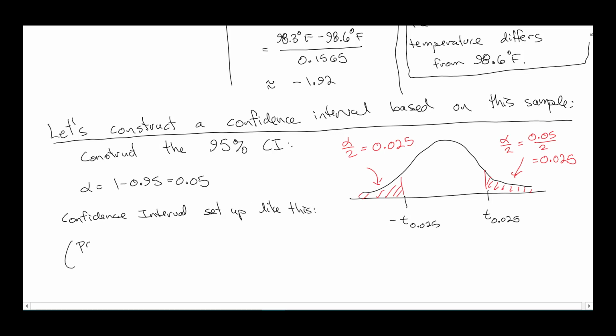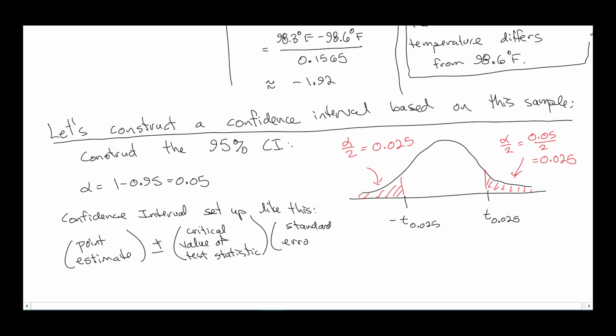So you're going to take your point estimate of whatever you're measuring, in our case the population mean, and then you're going to do plus or minus the critical value of your test statistic, multiplied by the standard error. Okay, they are always going to be set up this way every single time. So once you know the general layout for the confidence interval, you can find them all. You just have to figure out which of these you're filling into each of these 3 slots.